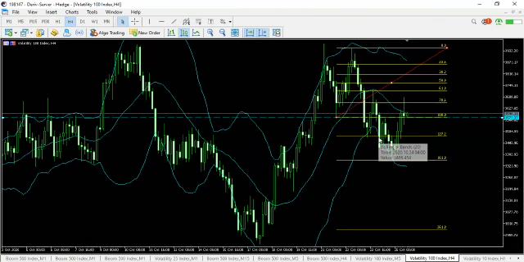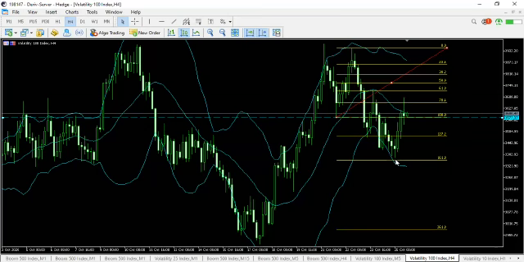Sometimes, depending on the strength of price action, price stops at the 127.2% and then continues back upwards, depending on the strength of the trend. But once you see it has broken the 127%, it will almost always get to the 161%.